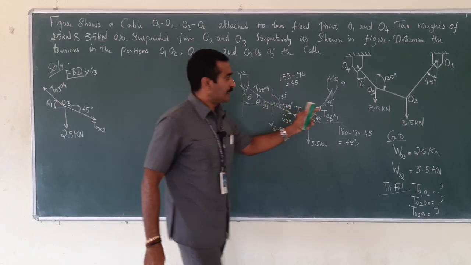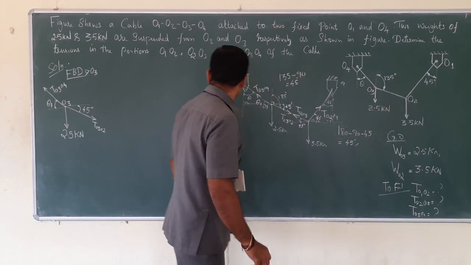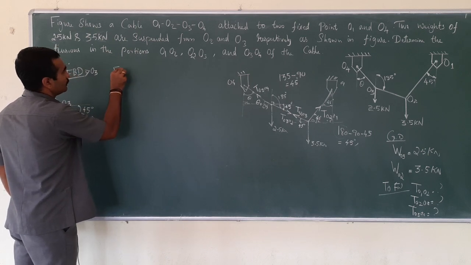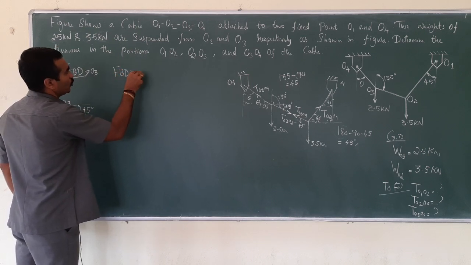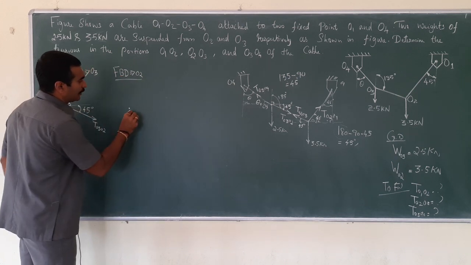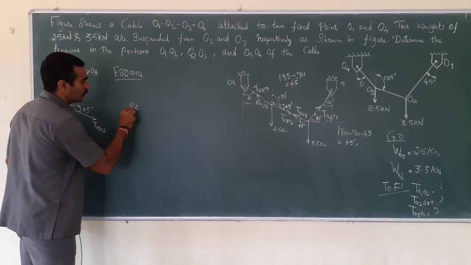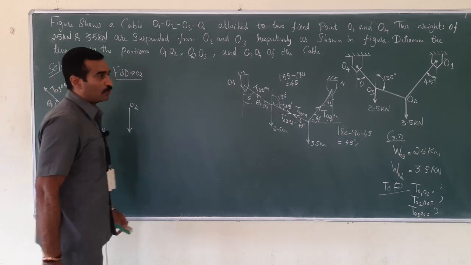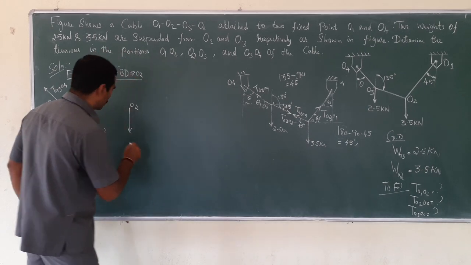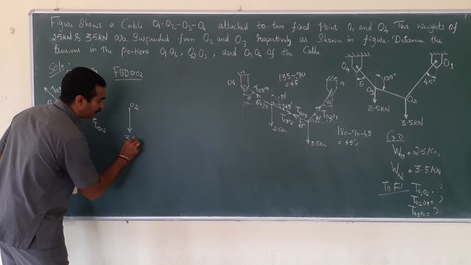Let me just consider the point O2, that is FBD for O2. This is O2. A weight which is acting vertically downwards. Its self weight always acts vertically downwards only, of magnitude 3.5 kilonewton.